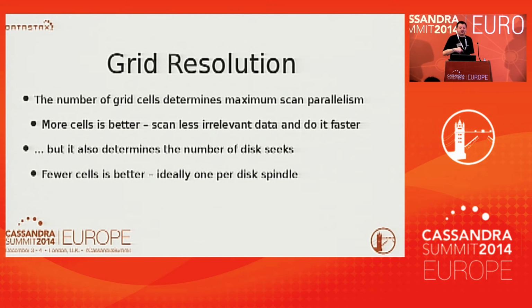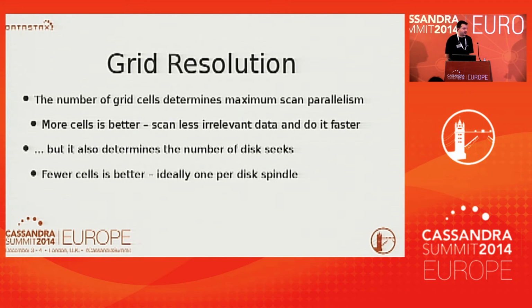So essentially each disk seek, each unit of disk scanning is the grid cell. So more cells is better. You've got a lot of irrelevant data in big cells. If you make the cells smaller, you get less data to filter out, and therefore it's quicker. You're reading less off disk, and reading data off disk and then just discarding it is kind of a waste.